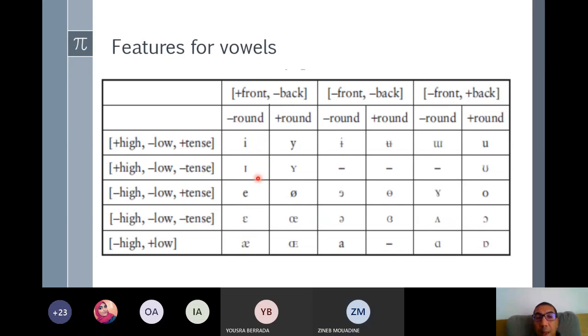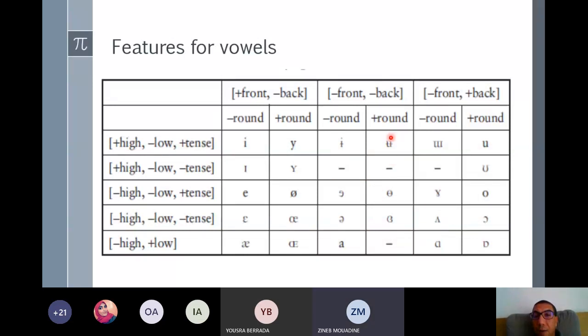So you see here, we have the plus back vowels. Plus back vowels are split into plus round and minus round. Here we have the central vowels.